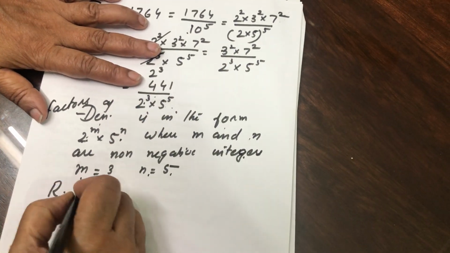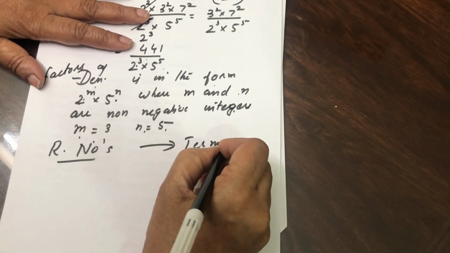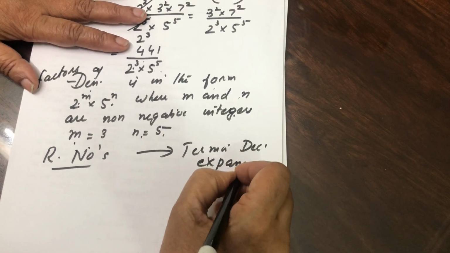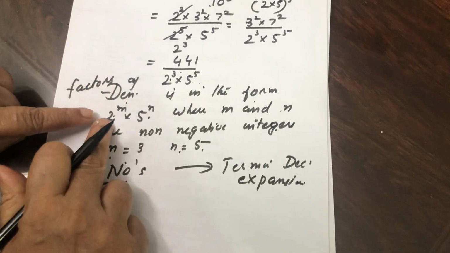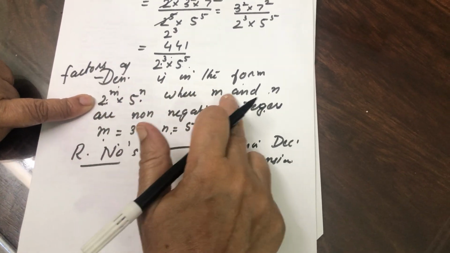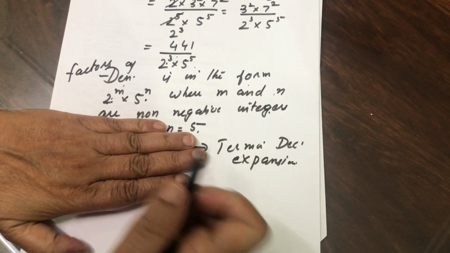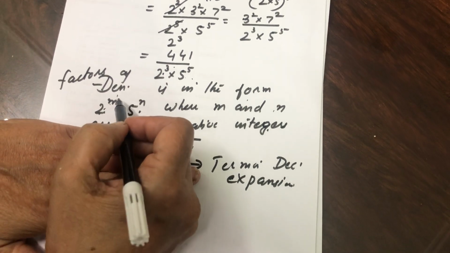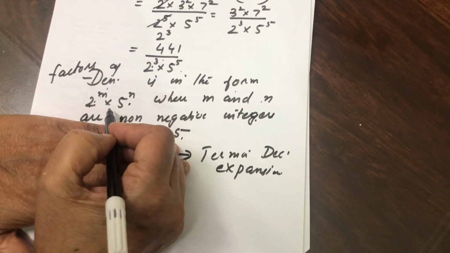So, rational numbers having a terminating decimal expansion have denominators whose factors are in the form of 2 raised to m into 5 raised to n, where m and n are non-negative integers. That means sometimes m will become 0, and then the 2 term will not be there. Sometimes n will become 0, and then the 5 term is not there.